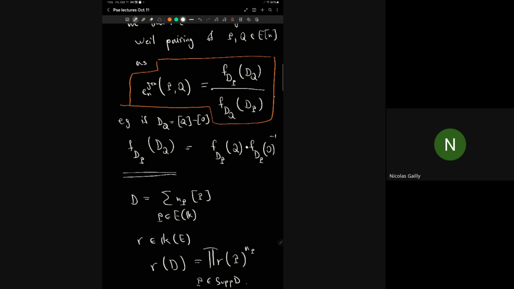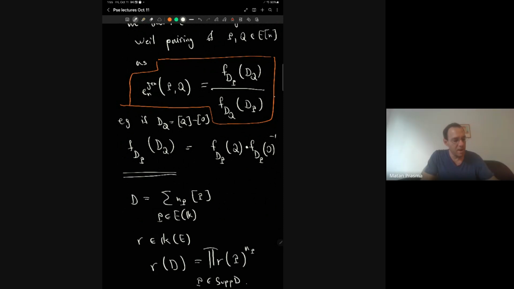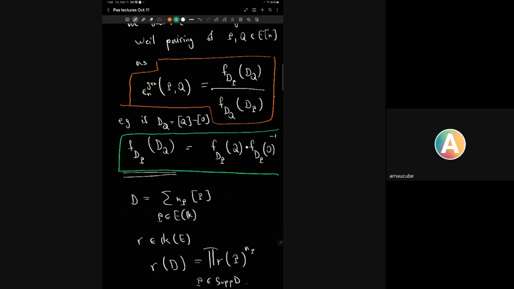Okay, that's what I get. Okay, thanks. Do you see now why the green thing is so? Yes, thanks for the clarification, I was also missing the minus 1.